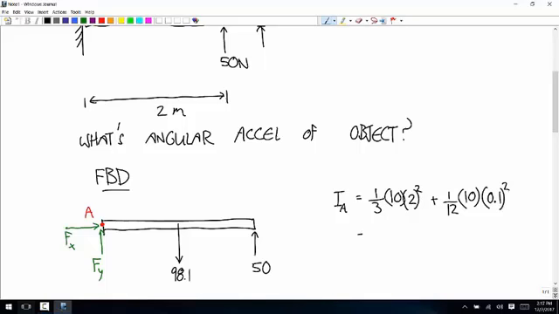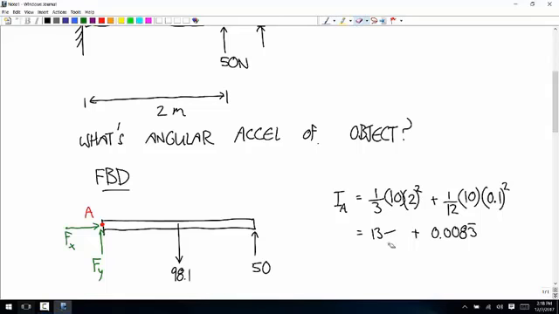Okay, so this first term is 40 thirds, so that's 13 and a third. The second one is 10 twelfths, 5/6, times 0.1 squared, which is 0.01. So that's a tiny, I think that's plus 0.0083 repeating.